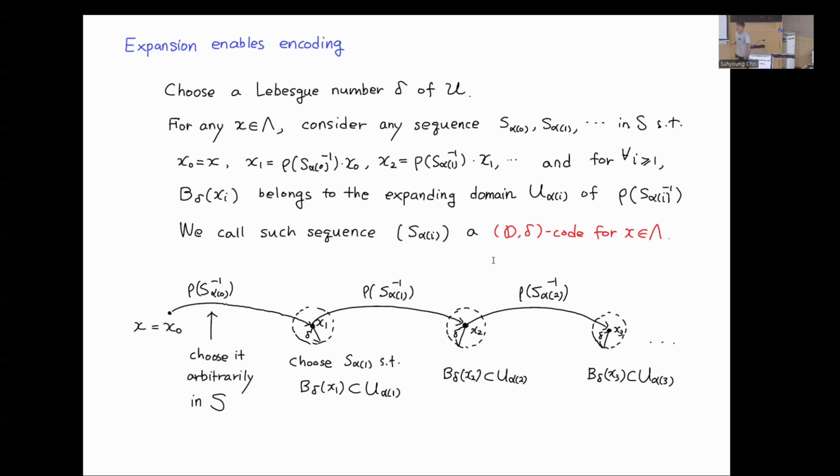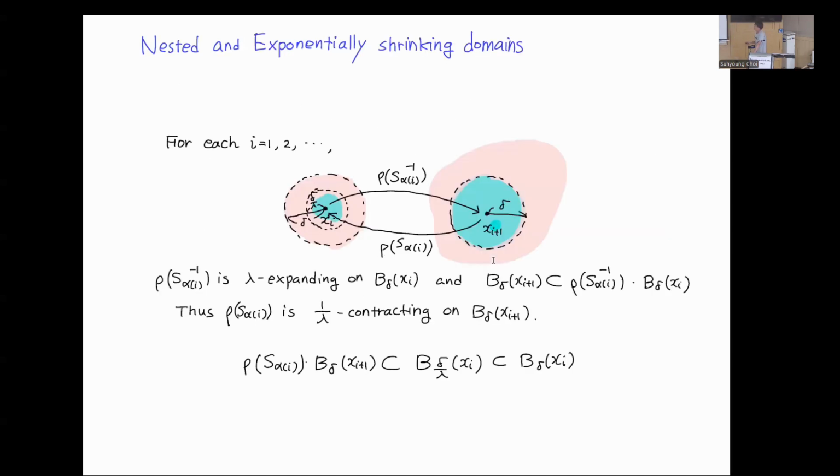So for each x, there may be infinitely many delta codes. But anyway, first start with x, x_1, x_2, x_3; we also have many sequences of elements of lambda. Okay. So what is the property of the delta code?